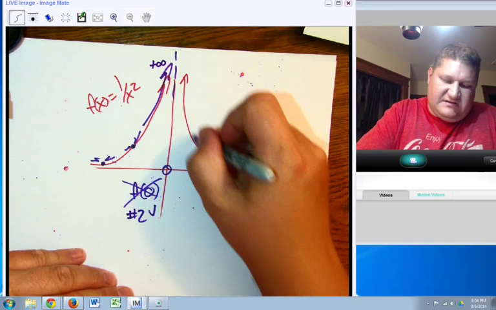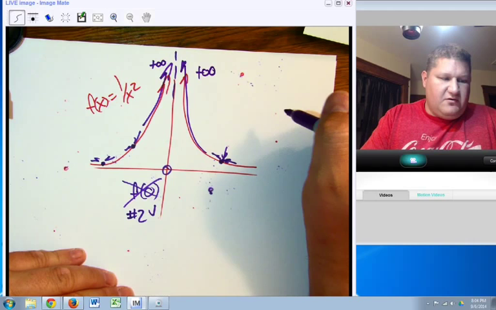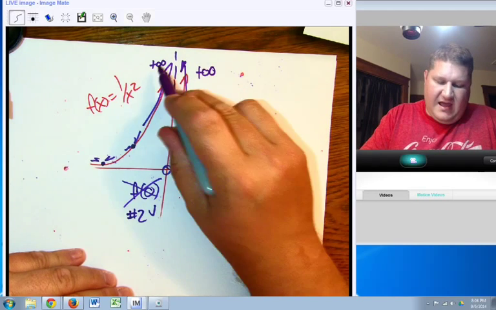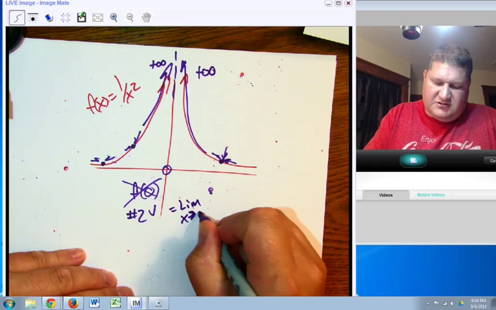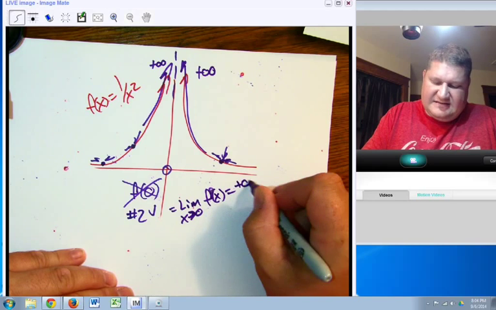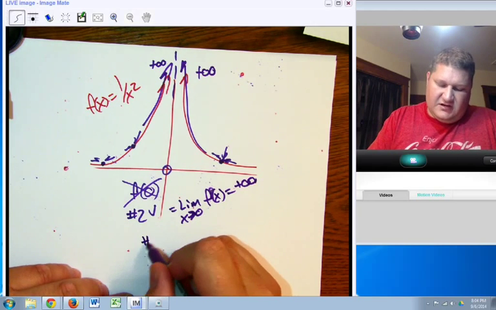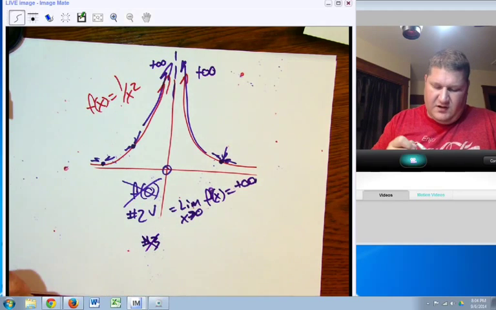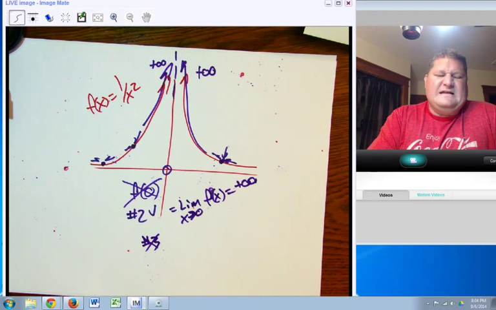Where do we seem to be going from this side? Positive infinity. So in this case, they seem to match. So for number 2, we would say the limit as x approaches 0 of f of x is positive infinity. So it does exist, and of course condition number 3 does not, because condition number 1 doesn't exist. But we do indeed have a limit here, kinda.